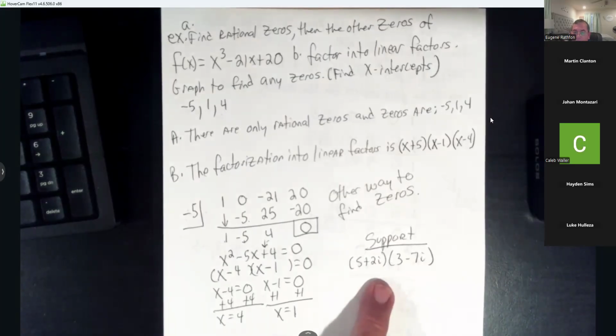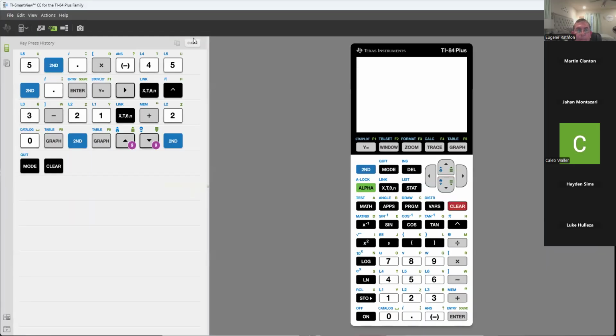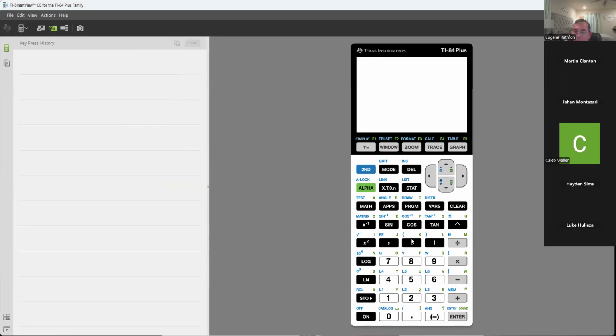And y'all, let me show you how to do this on the calculator. So I'm going to share the calculator just to show you. So quit the graphing. And y'all, you can punch these just like they look.